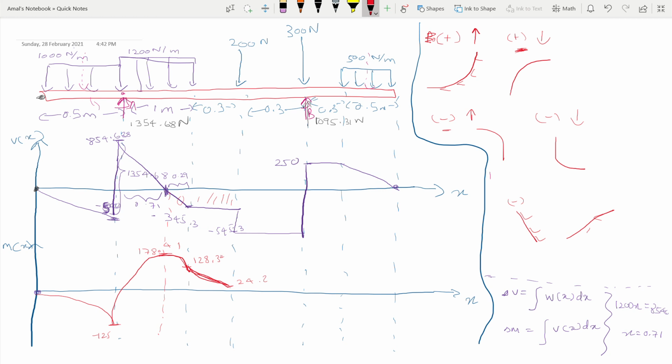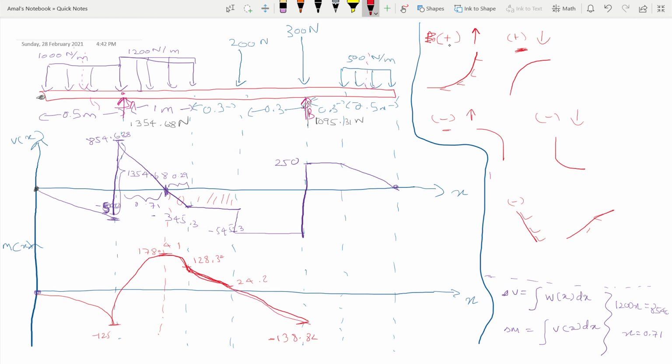So 24.2, it goes down to negative 138.84. So over here it's gonna go to negative 138.84. Still gonna go constant slope. This is just one slope like this.